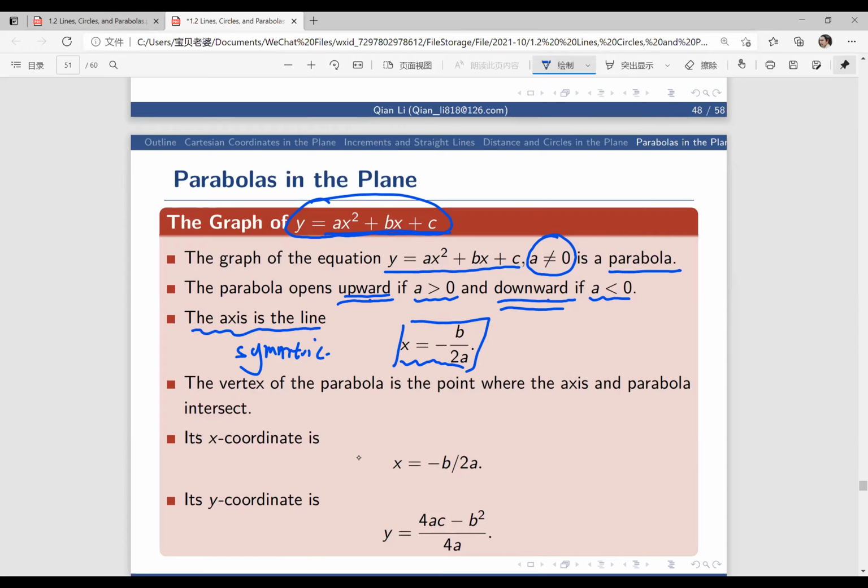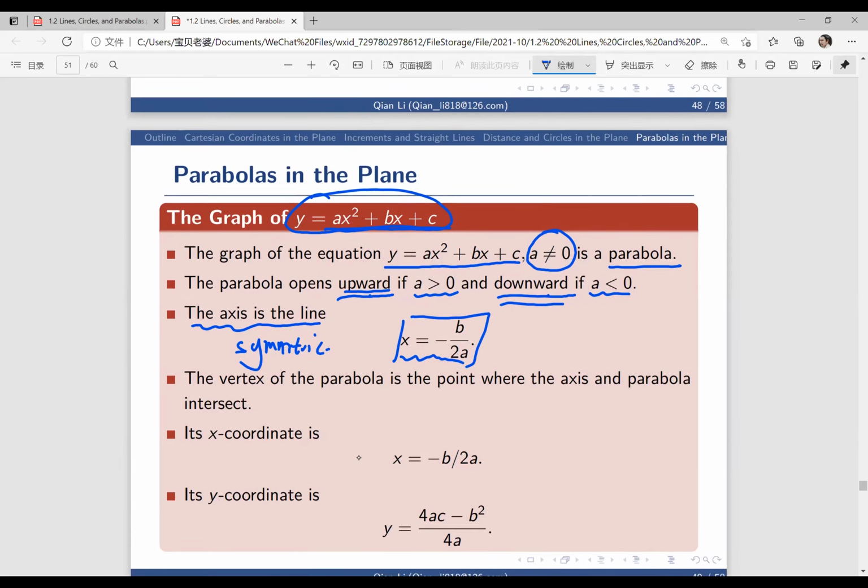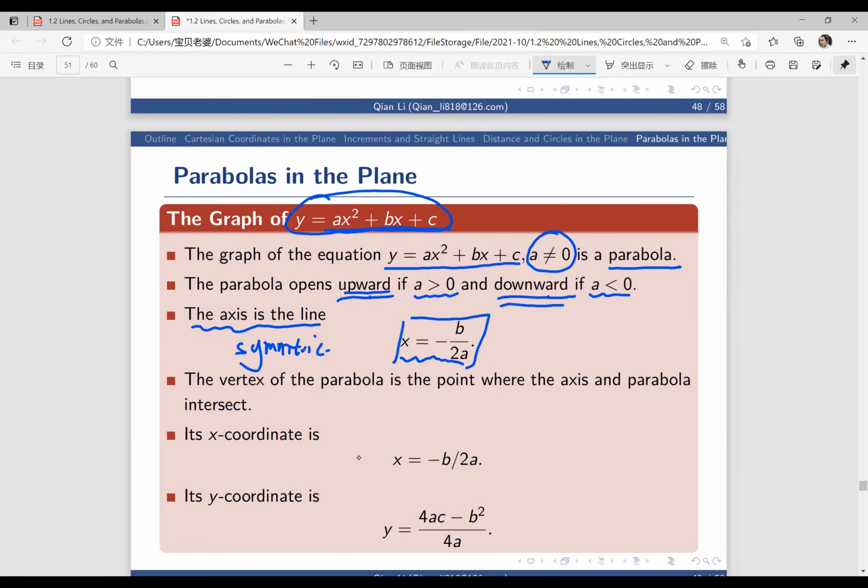The axis of this parabola is x is equal to negative b over 2a. Okay, this is the axis of the parabola. And the vertex of the parabola is the point where the axis and the parabola intersect, meaning this line intersects with the parabola.